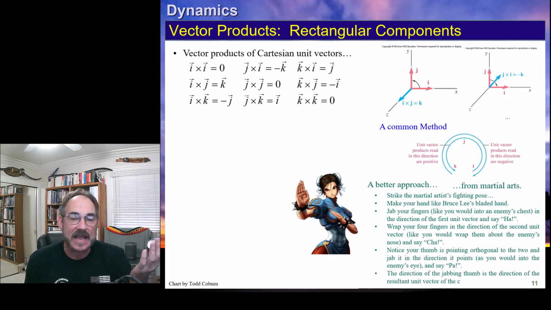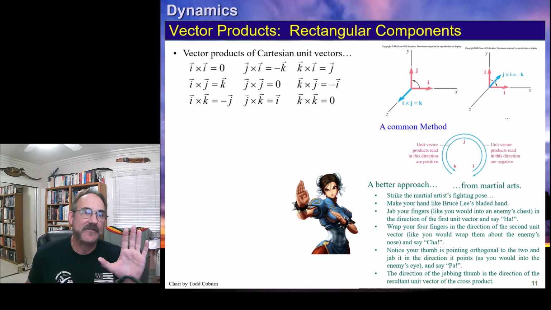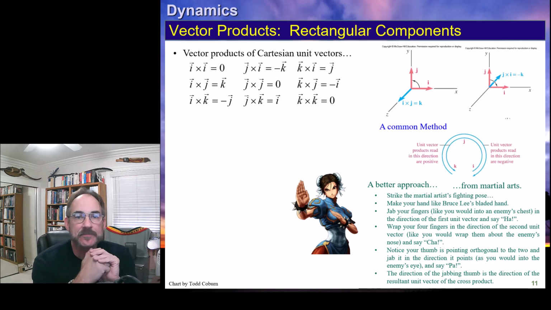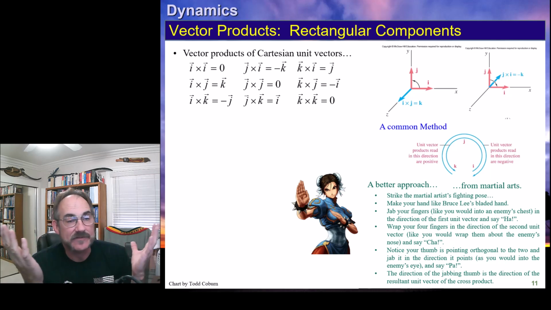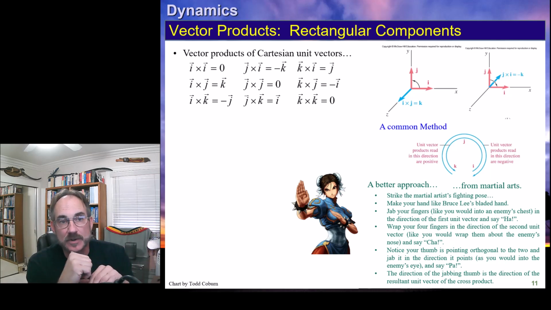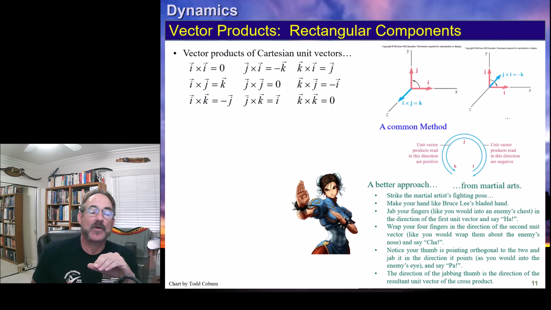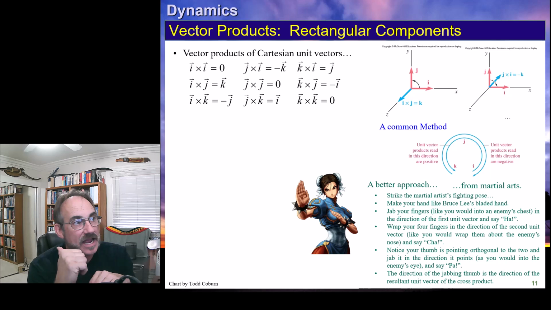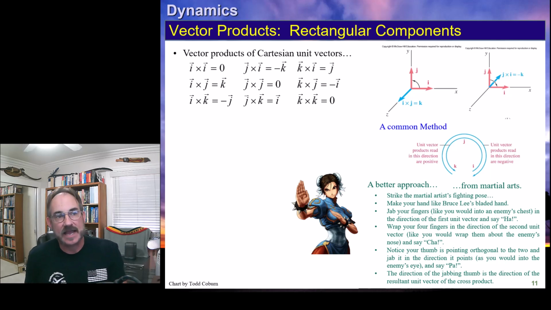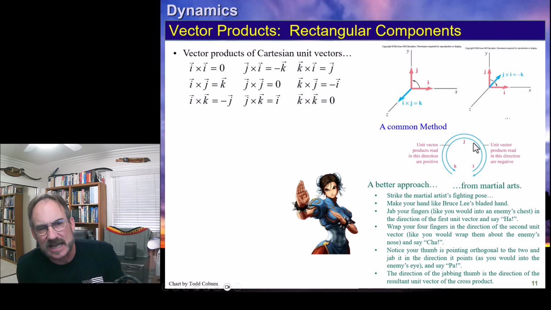It goes back to the idea that all of this cross product is you following a right-hand rule. So I cross with I gives you nothing, because your vector is always going to be perpendicular. I cross with J, you jab your fingers in the I, wrap them toward the J, and that tells you you're positive K. In other books, they come up with another method that's less clear in my opinion.